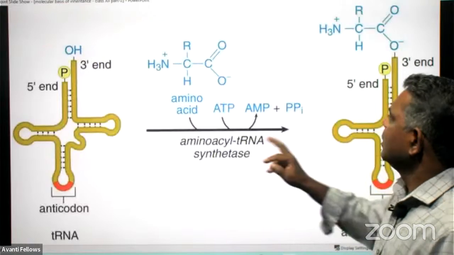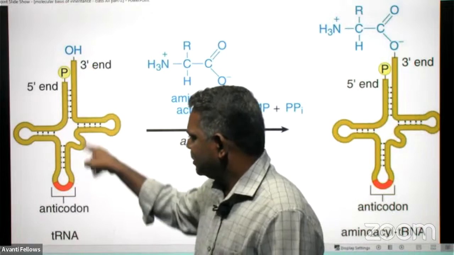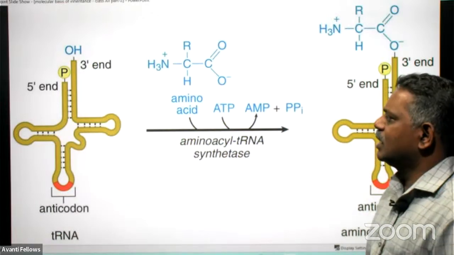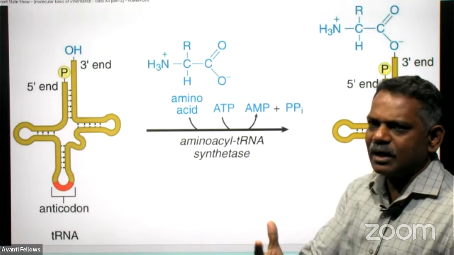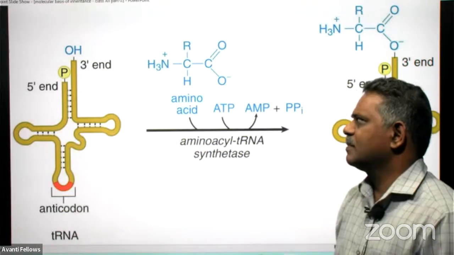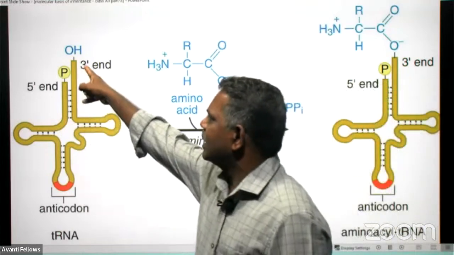Right. Here you can find this. What is this? tRNA, transfer RNA. Why is it called that? The transfer RNA, because it transports the amino acid to the site of protein synthesis. And here you can find this 3' end.